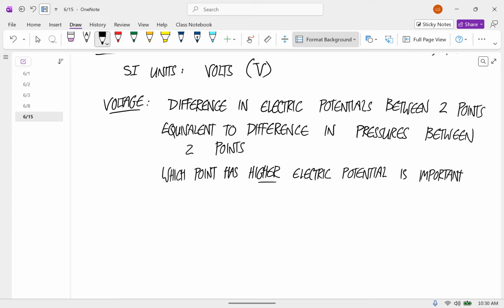In electricity, that's called the polarity. When you look at a battery, one terminal has a positive and one terminal has a negative. That's the polarity of the voltage of the battery.